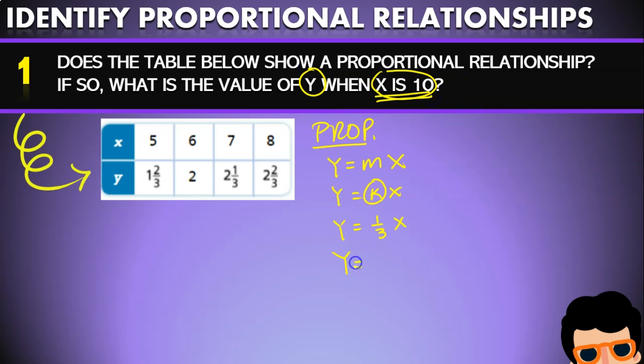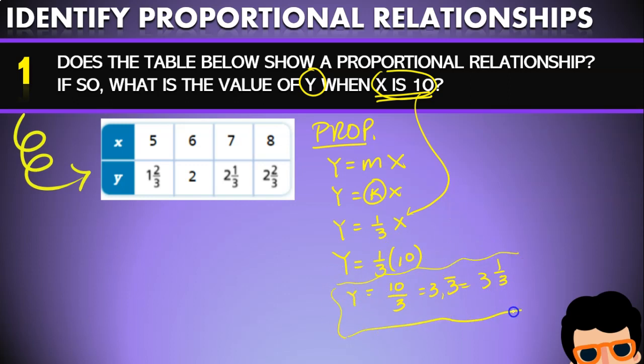So y is equal to 1/3, and then x is equal to 10. That means our answer is going to be 10 divided by 3, which is 3 and 1/3. So that is going to be our answer of y whenever x has a value of 10.